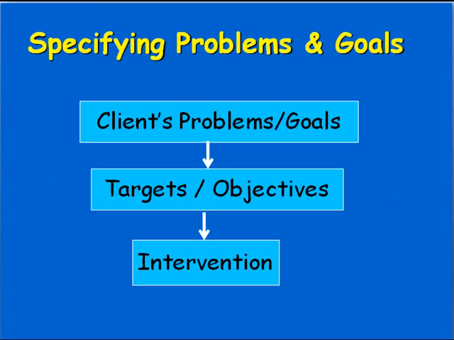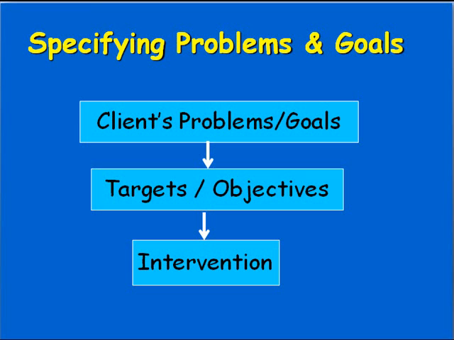We can talk about client problems or goals, and if you think about it, if you flip around a client's problem, you can get a goal. For example, a client may come in and say, I feel depressed. Their goal would then be to feel less depressed.